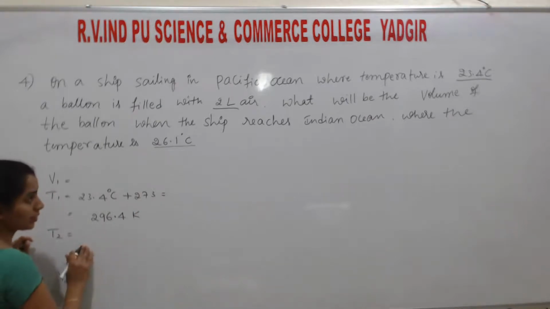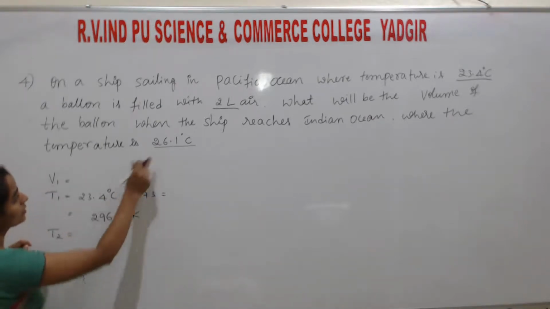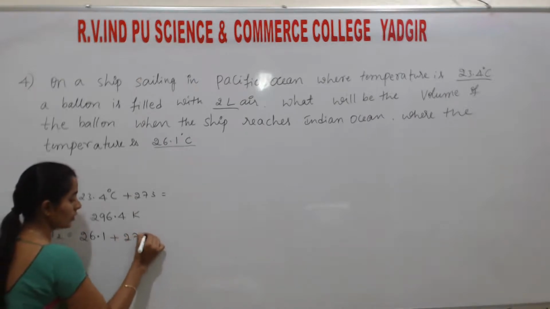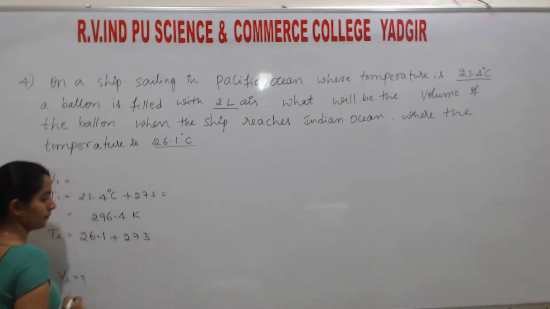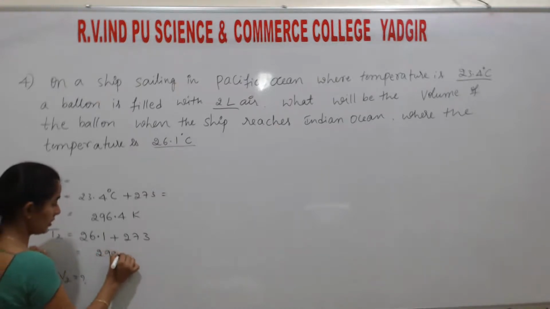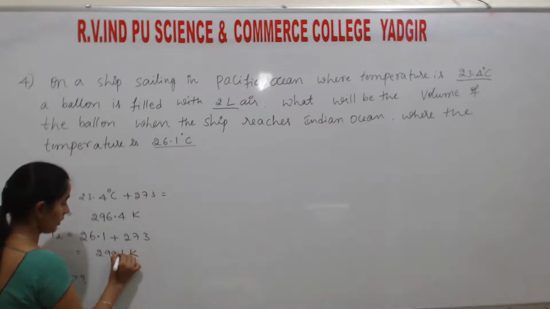Correct? Next, T2 is also given, 26.1 plus 273, so this is 299.1 Kelvin.